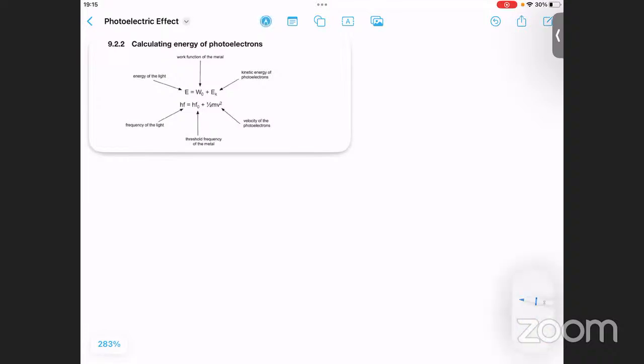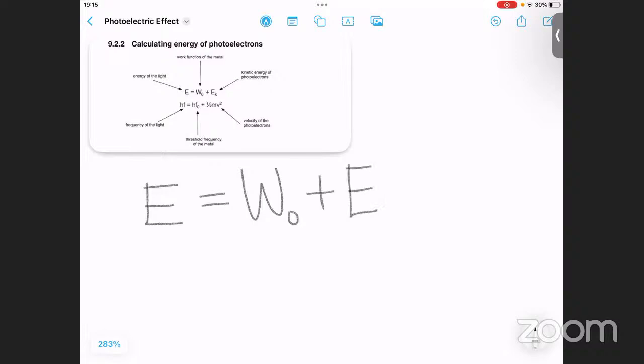So when calculating the energy of a photoelectron, we've got a formula which says E for energy, which is equal to the work function plus the kinetic energy. It is very important, honorable members, that you remember that in physical sciences, E refers to the energy, so it is measured in joules.